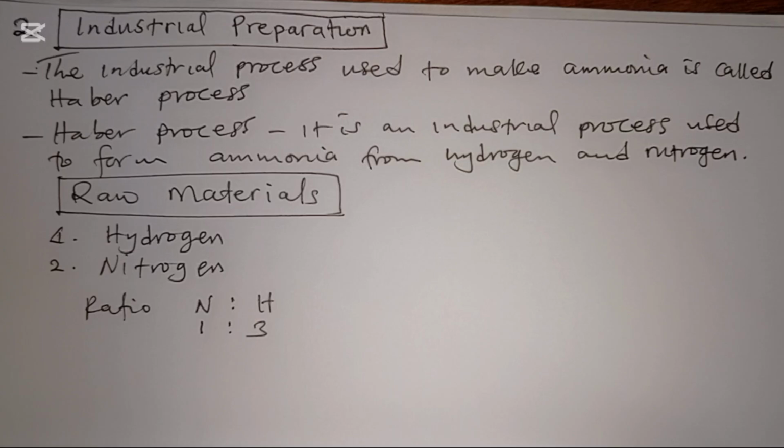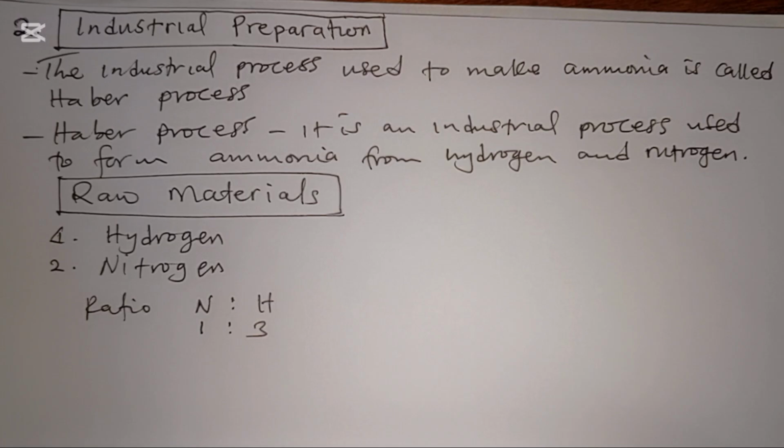So now, where is nitrogen obtained? Where is nitrogen coming from, which is used in the preparation of ammonia? So nitrogen is obtained from air. Remember that 78% of air is occupied by nitrogen.